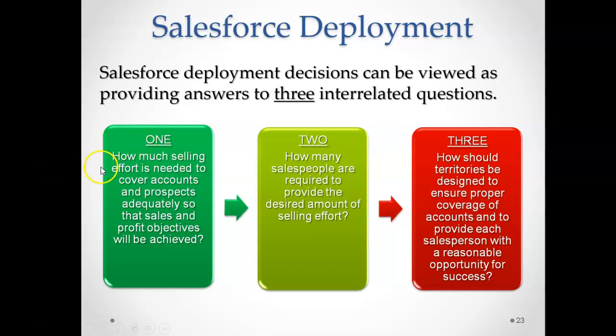So the key here: how much selling effort? Two, how many salespeople? How many salespeople are required to provide the desired amount of selling effort? And then lastly, it revolves around territories. How do I divide or design territories to ensure proper coverage of all of my accounts and so that every salesperson has a reasonably similar opportunity for success?